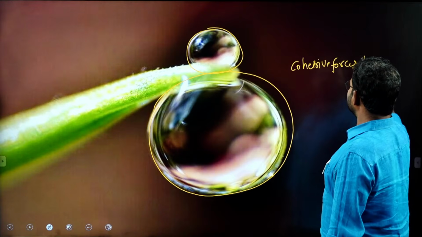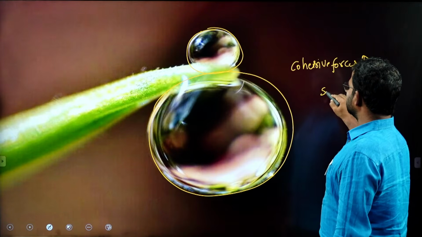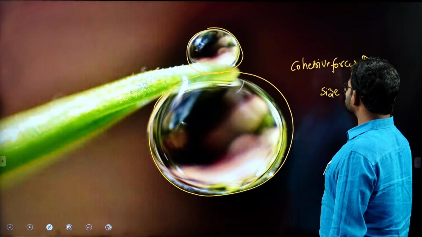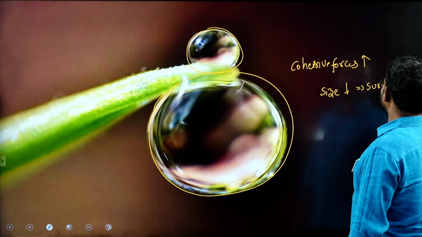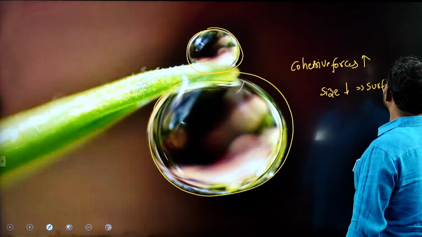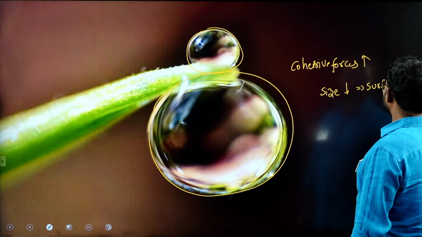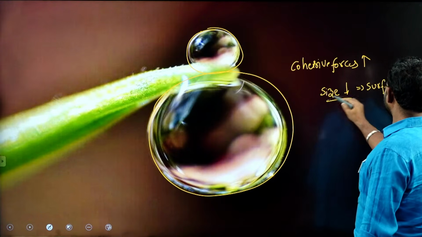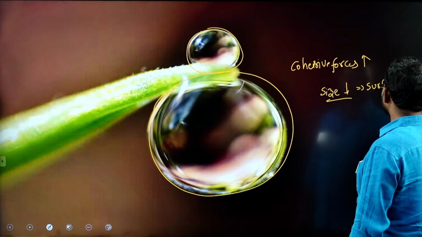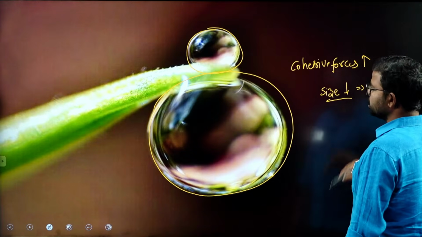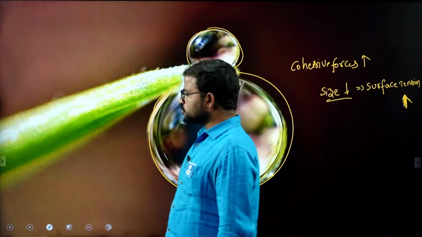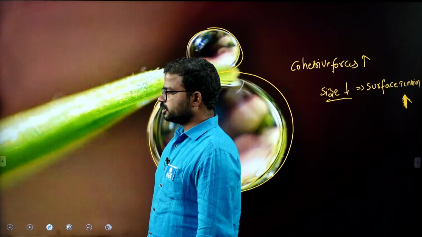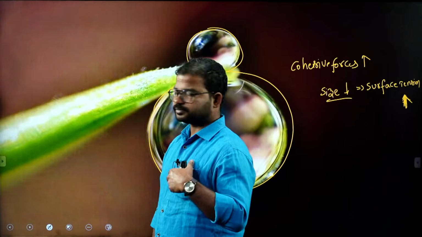If the cohesive forces are high, the size of the liquid drop mostly reduces, and the surface tension mostly increases. So what are the units of surface tension? If anyone knows that, please comment.